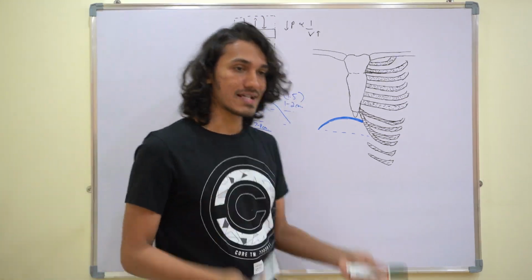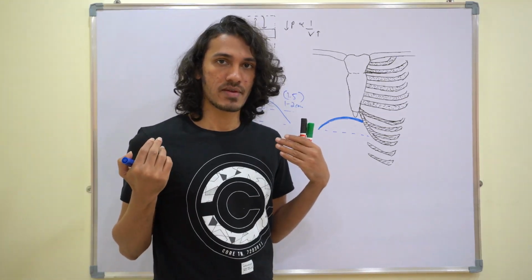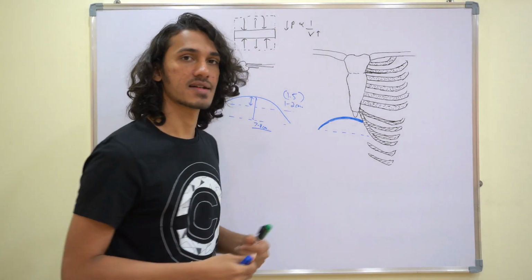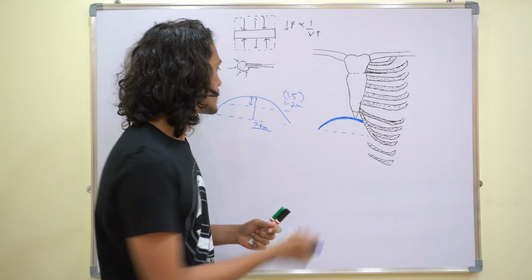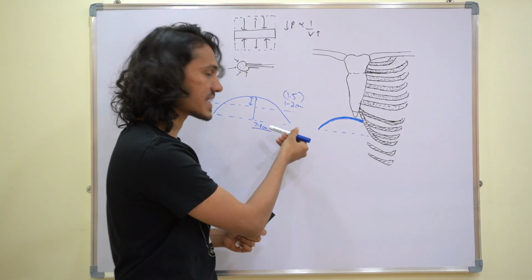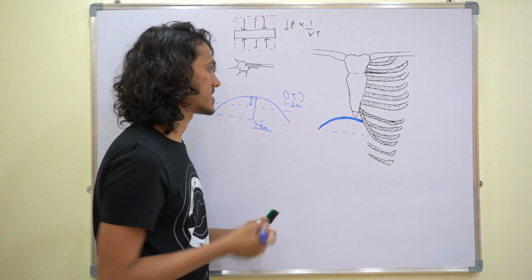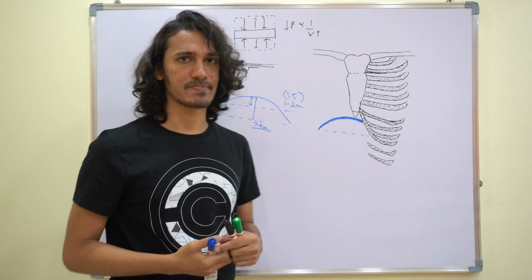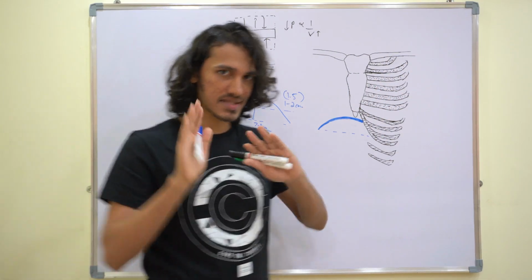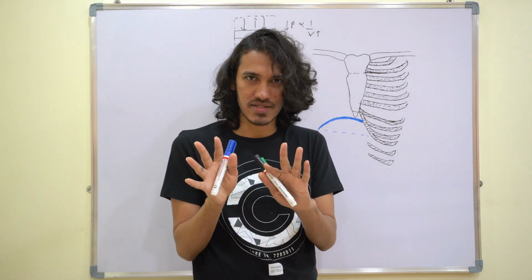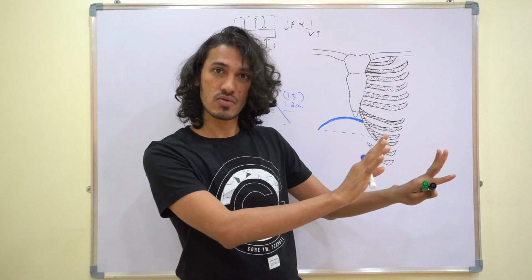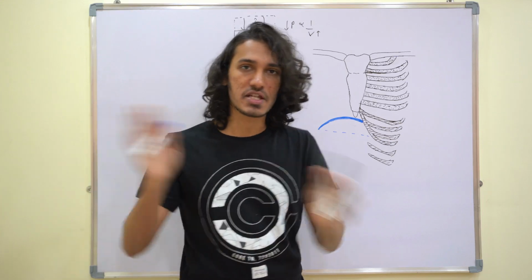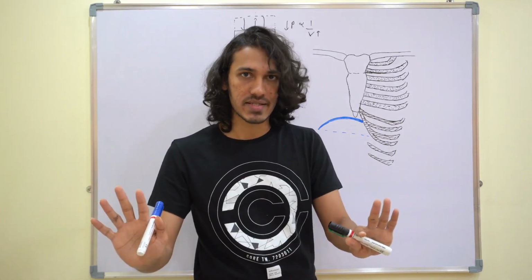Now when you talk about deep inspiration, what are the other muscles that come into picture? So this is one thing that happens. It goes till 7 to 8 centimeter. Apart from that, certain other muscles come into play. So there is external and internal intercostal muscles. We'll keep it aside for now. Later when we talk about expiration and inspiration, we can compare them and see what happens.